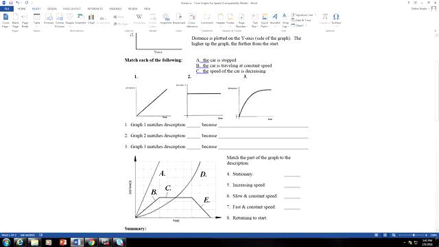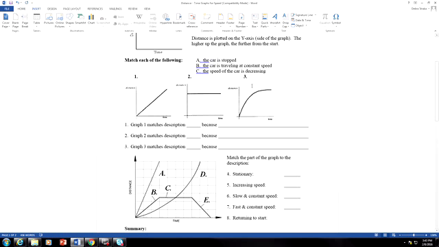And here we have a period of time where the time started at nothing, and then fairly quickly the distance covered, and then the time that it takes extends, but the distance doesn't get any further.